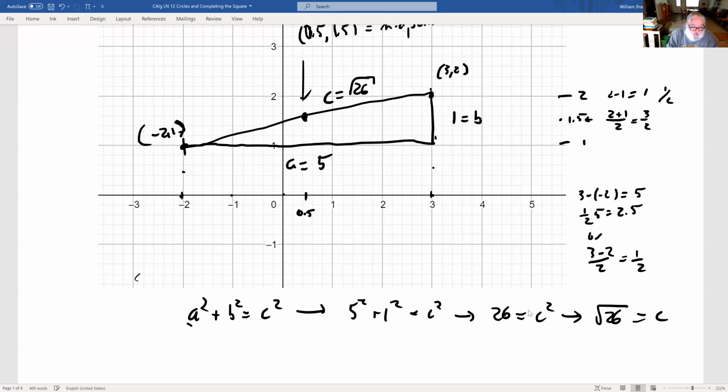So where did I find A and B? This A equals 5. Well, that's 3 minus -2. So it's this x coordinate minus this x coordinate. Where did this 1 come from? That's 2 minus 1. Right? This coordinate minus this coordinate, and that gives you the length in the vertical direction.